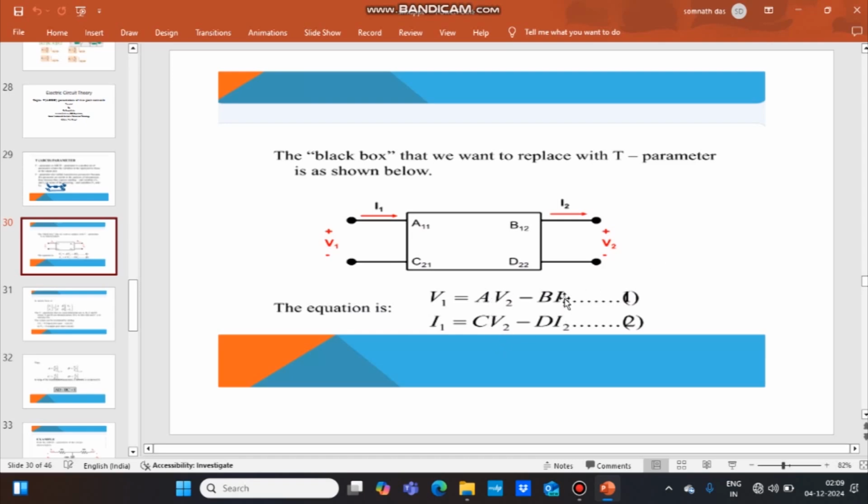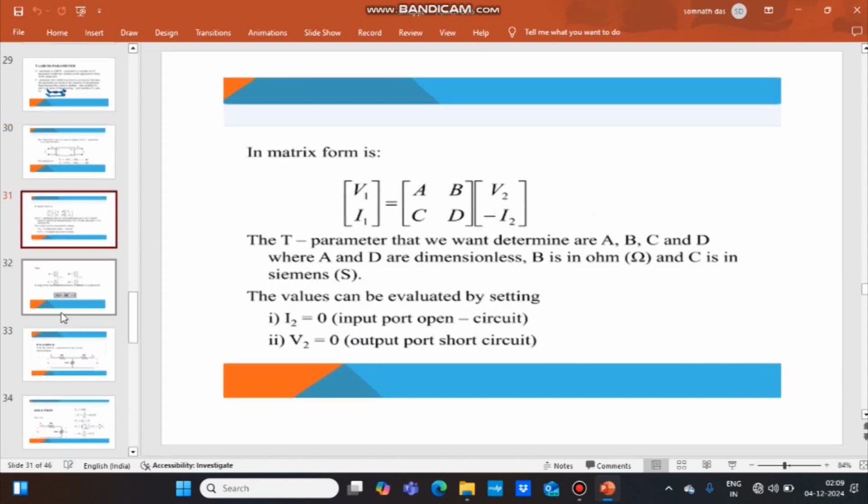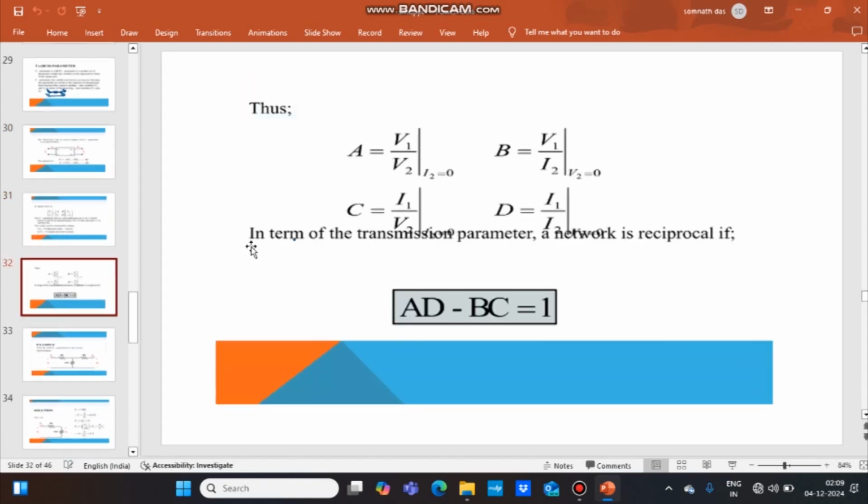When V2 equal to 0, we are getting the value of B and D. So A equal to V1 by V2 when I2 equal to 0, C equal to I1 by V2 when I2 equal to 0, B equal to minus V1 by I2 when V2 equal to 0, D equal to minus I1 by I2 when V2 equal to 0. Here A and D are unitless, B has unit ohm, and C has unit Siemens.